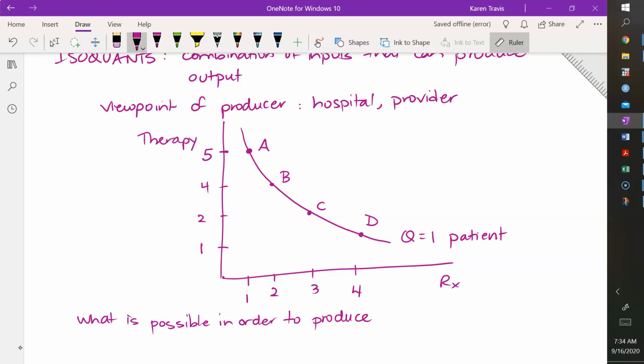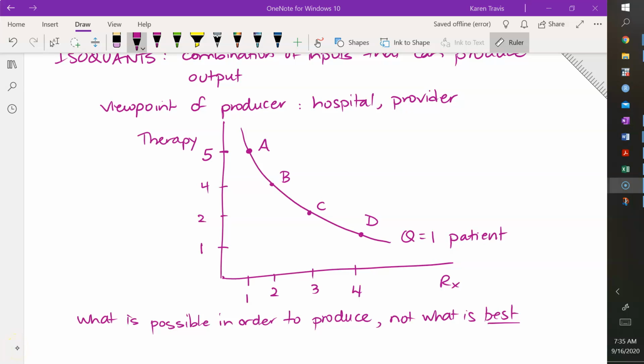It just tells us about what inputs, if they were put together, would end up working to care for this patient. So this is something that will need to be combined with additional information in order to decide what is the best. So not what is best, only what is possible.